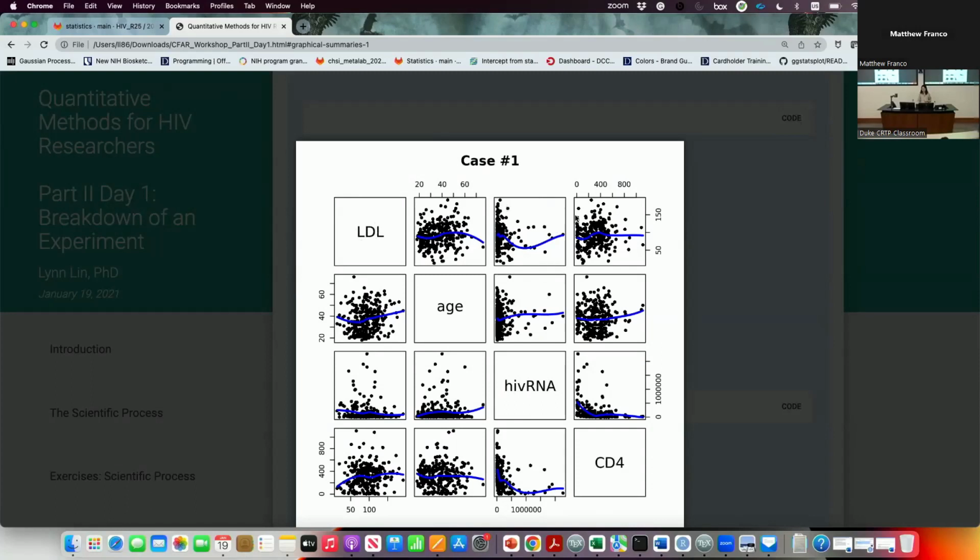So this scatter plot tells you the relationship between HIV RNA and LDL. Similarly, this one tells you CD4 versus LDL. This is how you understand this sequence of pairwise scatter plots if you want to look at the relationship among more than two continuous variables at the same time.